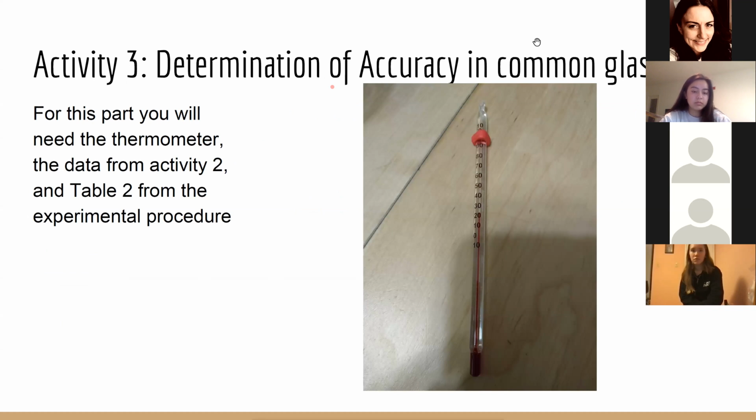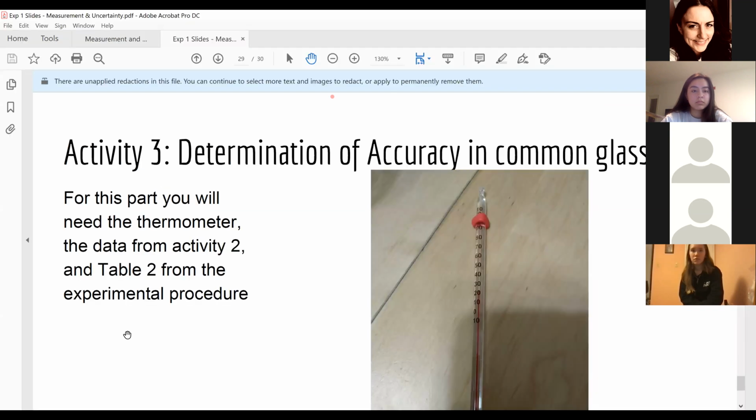So hopefully everyone has their experimental procedure from the company. So there is a procedure that comes with it.